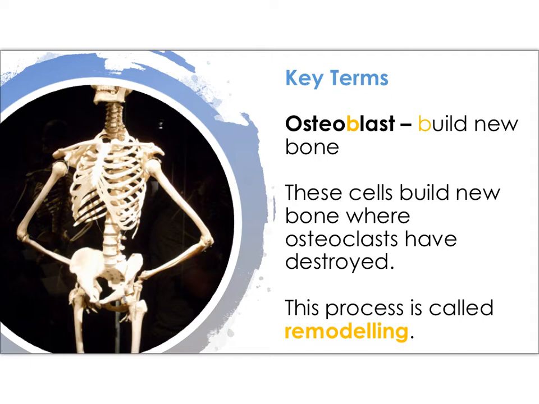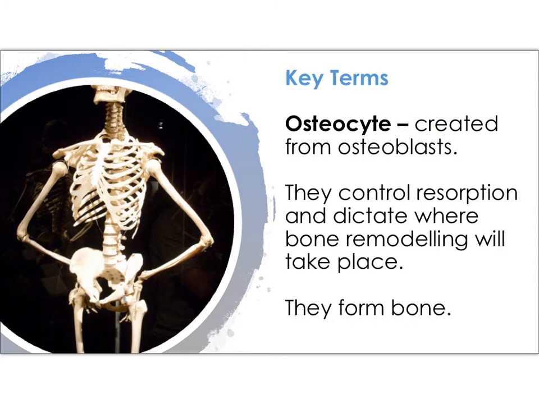An osteoblast will build new bone. These cells build new bone where osteoclasts have destroyed the old, fragile bone. The process of clearing away old bone and building new bone is called remodelling. An osteocyte is created initially from osteoblasts, those that build new bone.